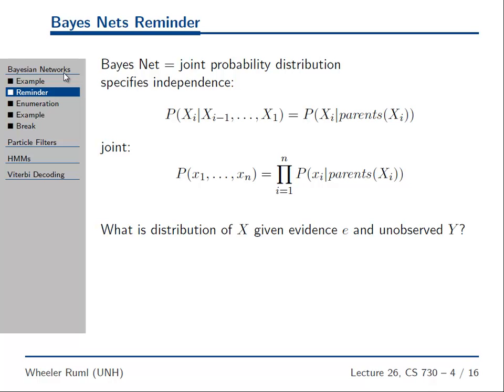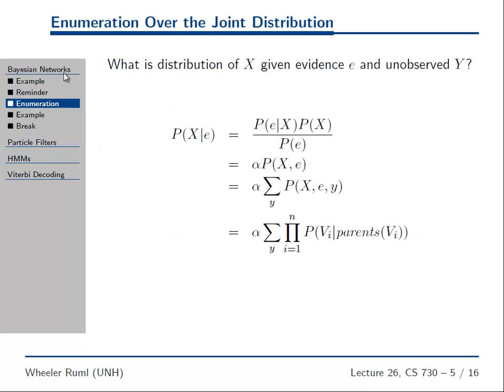And for the third time, to compute the distribution of X given E, we decided that you could just sum out all the nuisance variables and compute the joint probability, summing over all the different configurations of the nuisance variables with the evidence variables fixed at the values that they have.